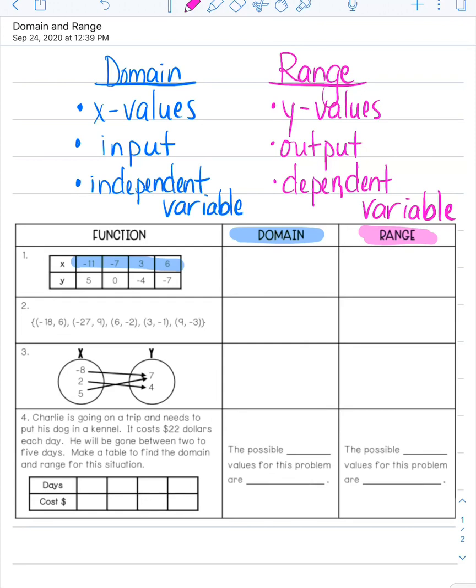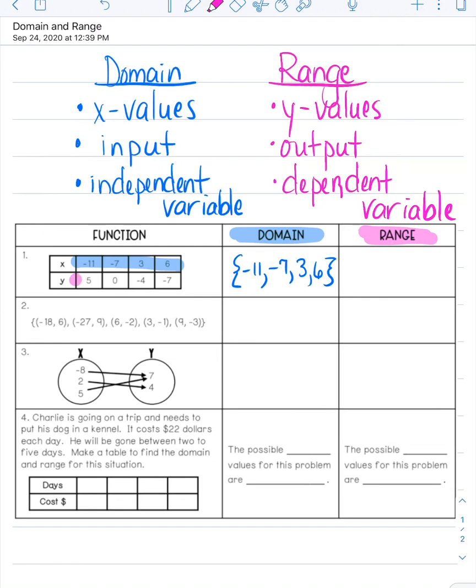So looking at that table, we put a little brace. That's how you start a set. The smallest or the least number I see there is -11, and they're actually in order: -7, 3, and 6. So that set of numbers is the domain of this function.